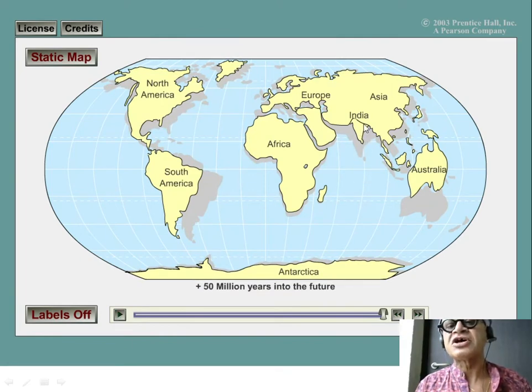So you can see India continues to push, become smaller. North America, South America, Australia, everything will continue to move north. Okay, Antarctica does not do that so much. Australia is zipping along northward at about 3 centimeters per year.